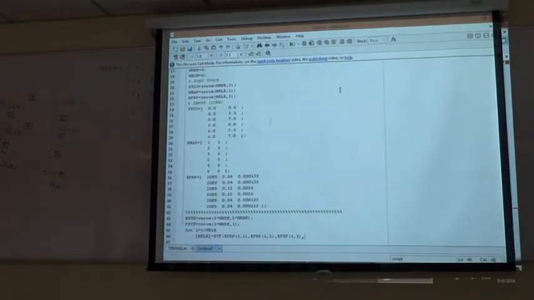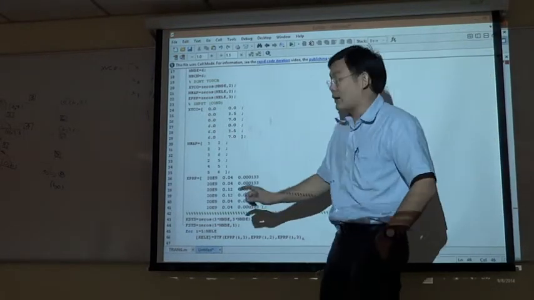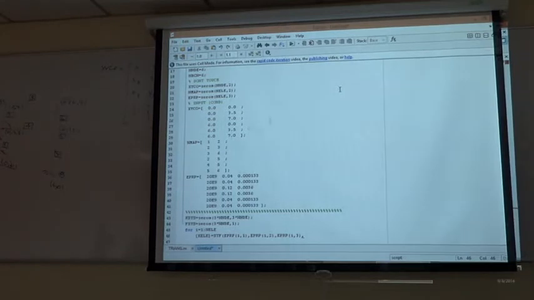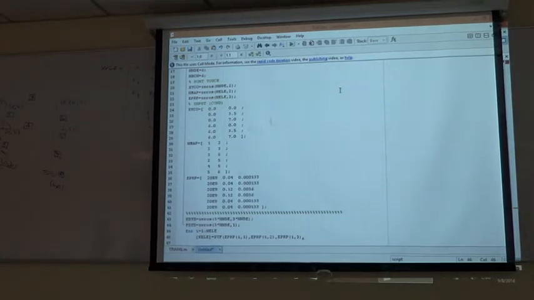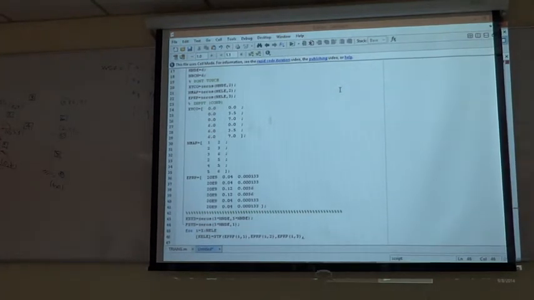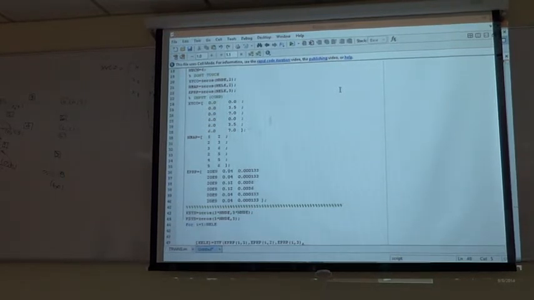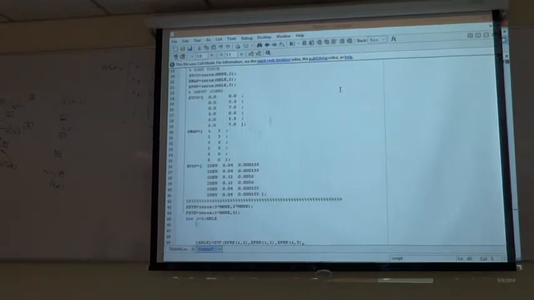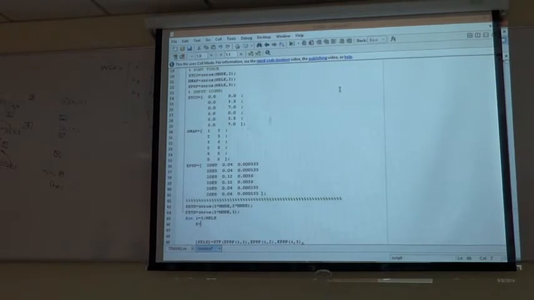Why the third column? Where is the third column? 1, 2, 3. SX, SY is the starting node x, starting node y. Let me do it this way.